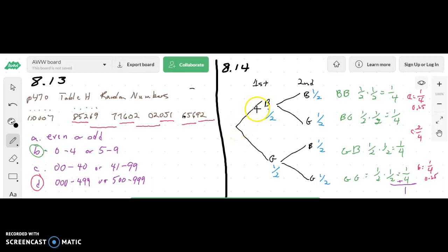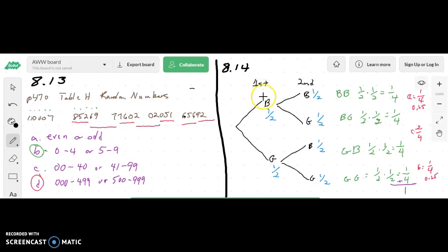So I set up here a tree diagram, which I believe helps tremendously in both organization and grasping all the different possible outcomes. I set up a tree diagram as if we're taking a look at all the probabilities for each birth.